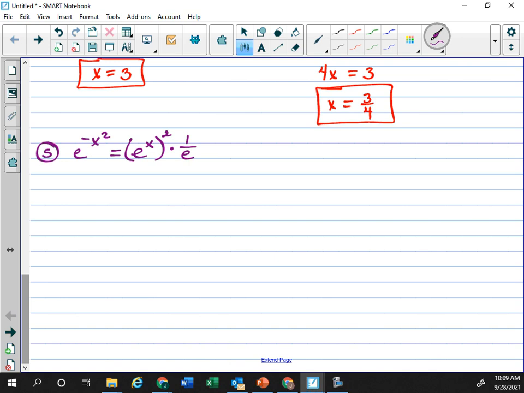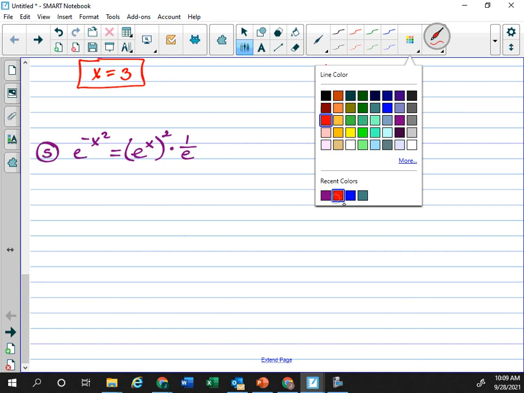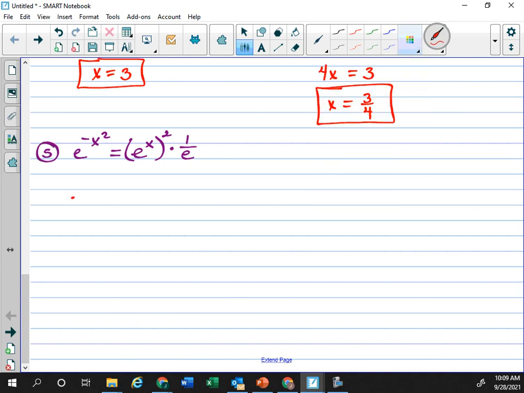Okay, so the left side I can just leave alone. That just is e to the negative x squared. Now on the right side, I have some simplifying to do. E to the x squared, what could I rewrite that as? Yeah, e to the 2x, good. Times, how could I write 1 over e so that it's e to something?